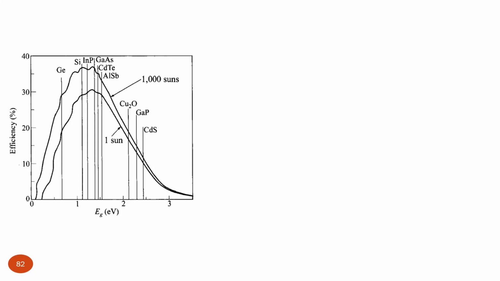So imagine we have as a solar cell photoactive material, let's say, germanium. And its band gap is something like 0.67 electron volt.